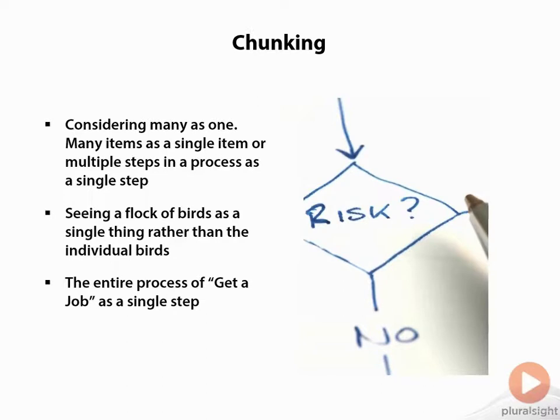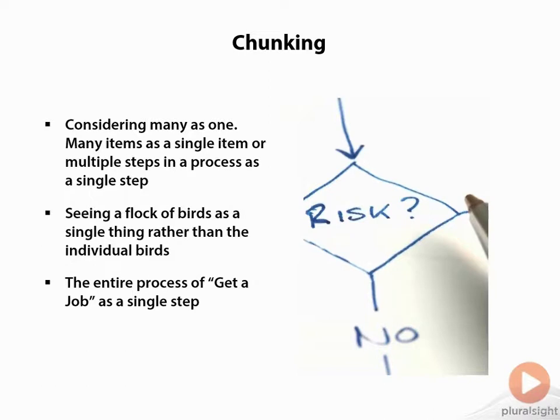So, for instance, while an approval may actually be an approval for several different documents, we'll treat that as one set in the approval process. That makes it simpler for our brains to process. We talked earlier about mental models, and we don't have the ability to process an infinite number of things. So when we see a flock of birds, we treat the entire flock in our brains as if it's a single entity.